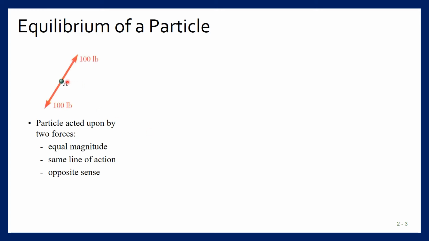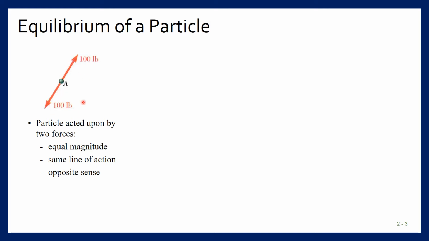Suppose this is the particle and two forces are applied on it. One force is of 100 pound in this direction, while another force has the same magnitude, 100 pound, but is in the opposite direction.